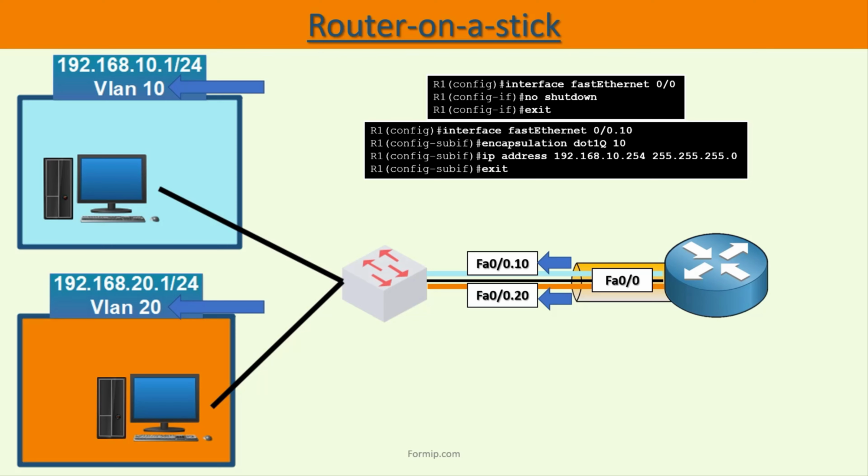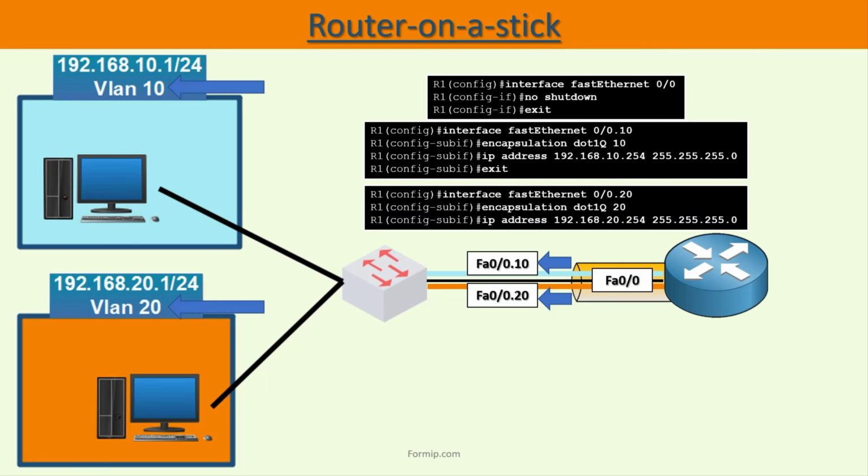And the IP address is an IP that is part of the same network as VLAN 10 on the virtual interface. Here we choose the last usable IP, the 254. This IP will therefore be our default gateway for all PCs of VLAN 10.